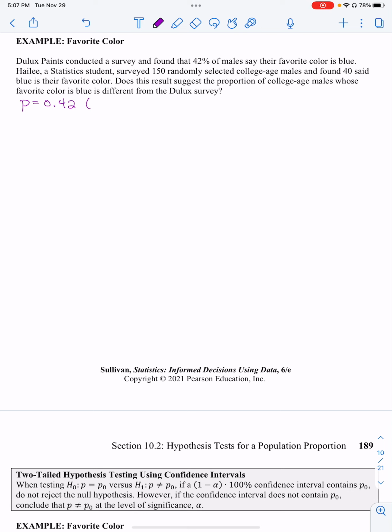That is from the 42%. We just turned that into a decimal. And then we notice that here we surveyed 150 randomly selected college-age males and found 40 said blue is their favorite color. So that means that our x, the number who are in the category or have the characteristic, is equal to 40, and our sample size was 150, so n equals 150.